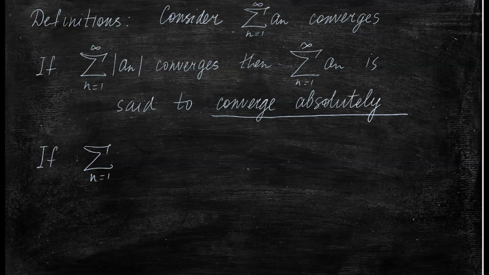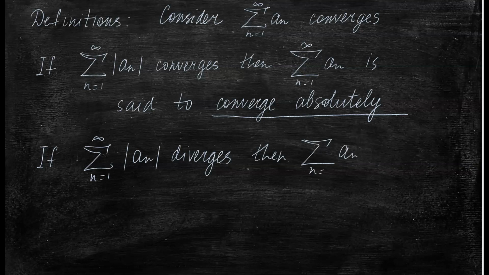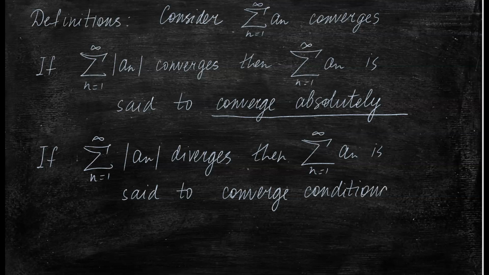And if the series of the absolute terms diverges, this is when we say that the original series converges conditionally. So the two terms that we introduced are converging absolutely and converging conditionally.